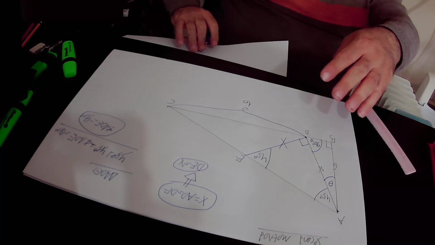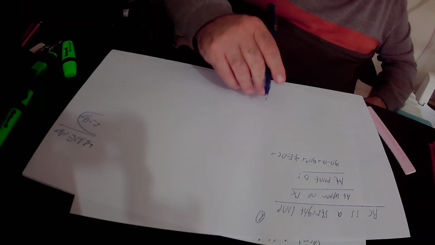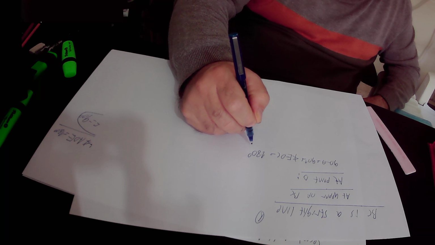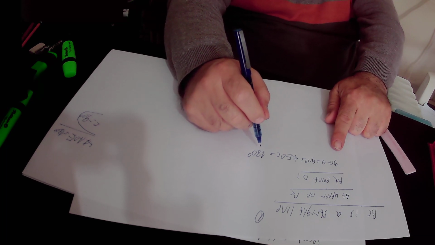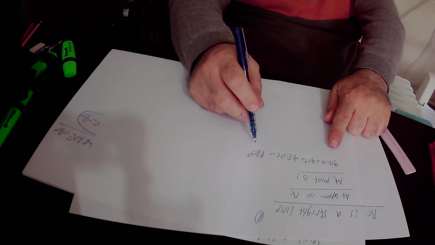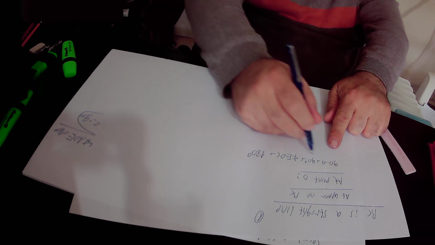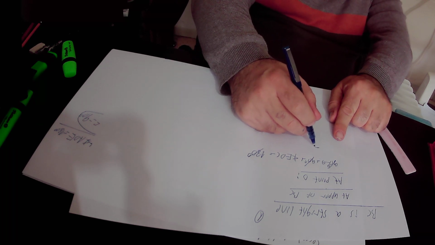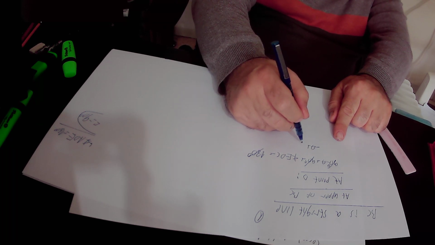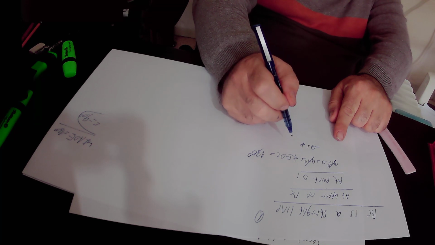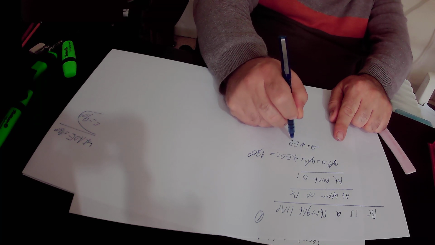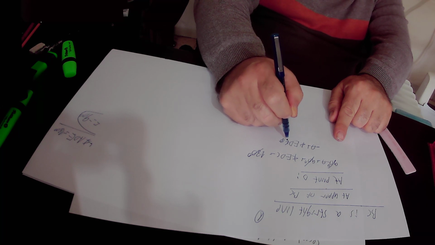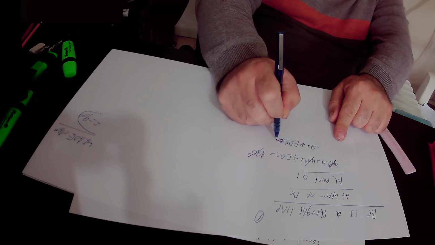In total, the sum of those three angles must be equal to 180 degrees, according to the rule that the sum of the angles on one side of a straight line is equal to 180 degrees. Here we have 90 degrees plus 90 degrees is 180 degrees. We have 180 degrees on both sides of the equation, so 180 degrees will get cancelled, and we're left only with minus theta plus angle EDC equals 0.